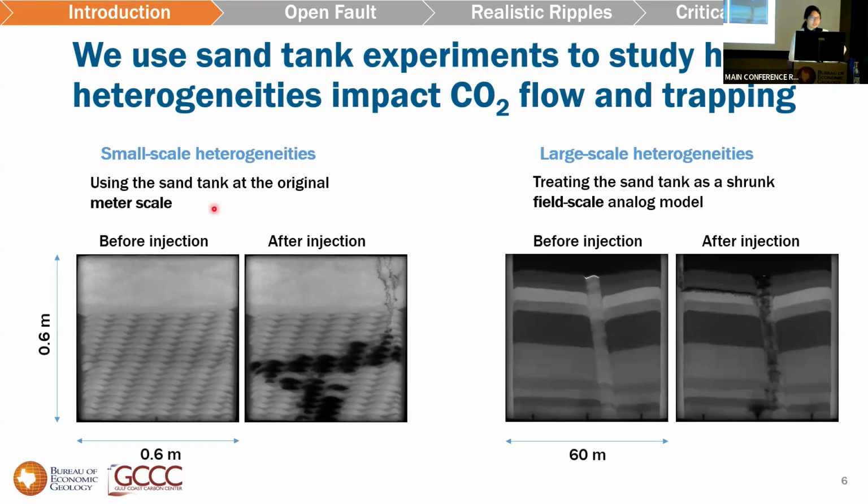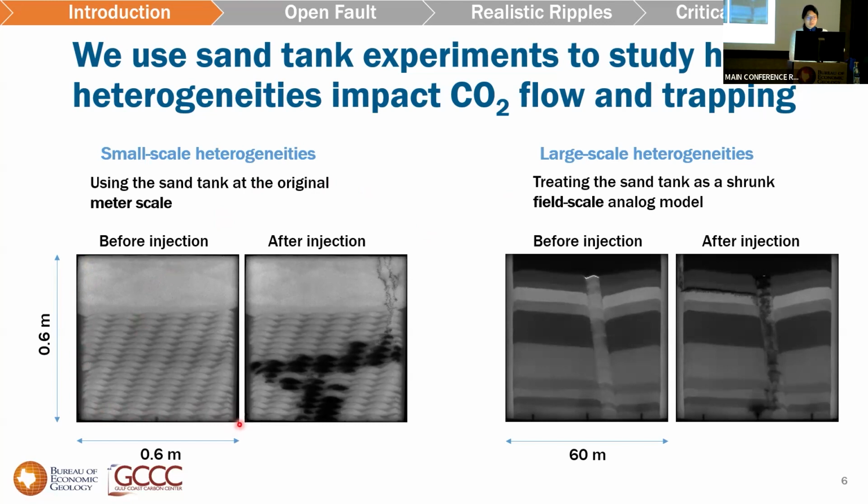The first kind, in order to study the impact of small-scale heterogeneities, we use the sand tank at its original meter scale. So you see here, it's 0.6 meter by 0.6 meter, or about 23 inches across.